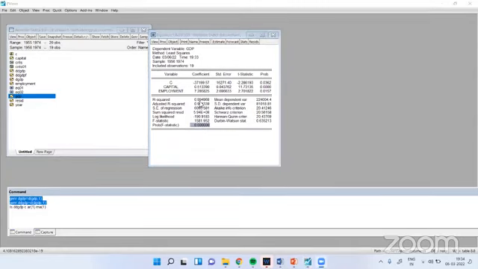But there is one checkpoint, and the rule of the game is that R square should never be greater than Durbin-Watson statistic. If R square is greater than Durbin-Watson statistic, your game is over. You have lost one life in the game. It means that there is a spurious regression running, and there are chances that these series are co-integrated.